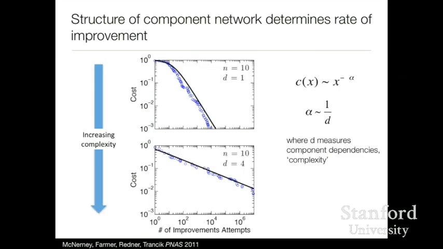So now I'm moving to a different approach, and this is another paper, actually a theory-based paper, where we started with a simple model of the process of technology innovation, where you're essentially selecting components and trying to improve them, but those components are connected to a variety of other components.